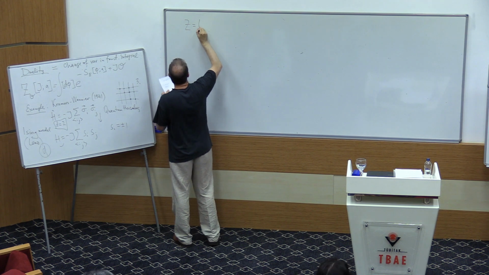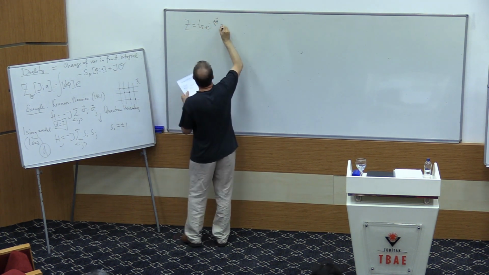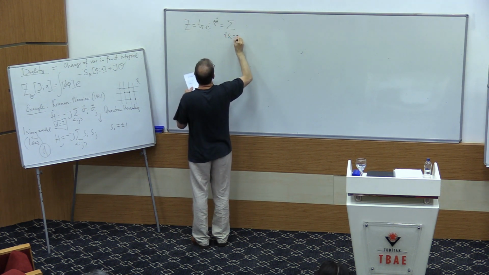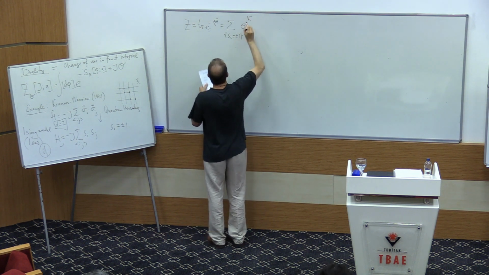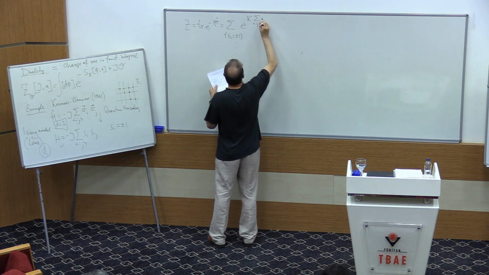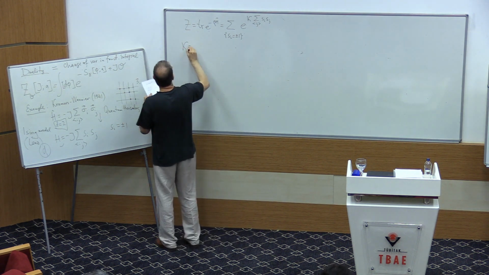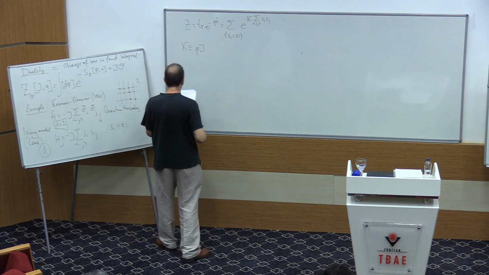Z is equal to the trace of e to the minus beta H, and in this case it will be just the sum over all S_i's, and each S_i takes values plus or minus 1, of e to the K times the sum over ij of S_i S_j. This is deceivingly simple, and K is just a notation. It's beta times the coupling strength J.